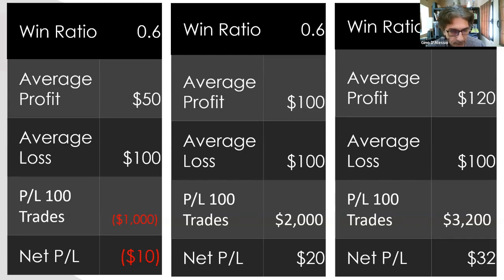Let's start with the first table on the left. The average profit on trades is $50, but the average loss is $100. Despite the win ratio of 60%, which actually is not bad at all for a retail trader, this account, after 100 trades, would have lost $1,000.